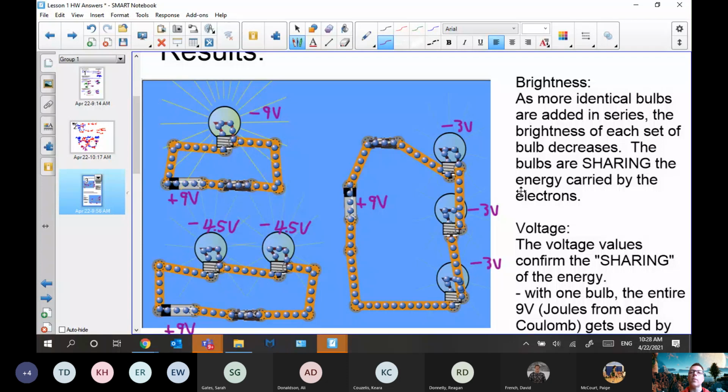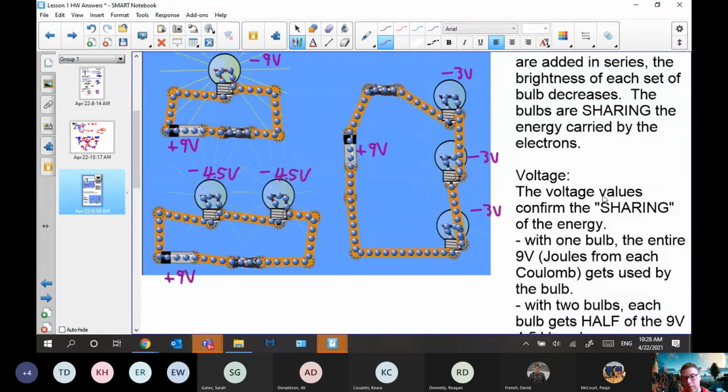The conclusion from this, as far as brightness goes, was for you to definitely know now, if you didn't already get it, that as more bulbs are added in series, the brightness of each bulb decreases. And so the conclusion from that would be that they're sharing the energy carried by the electrons.